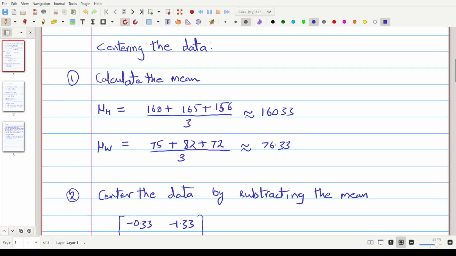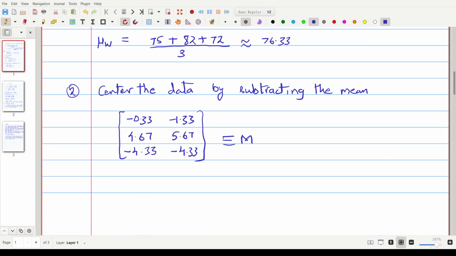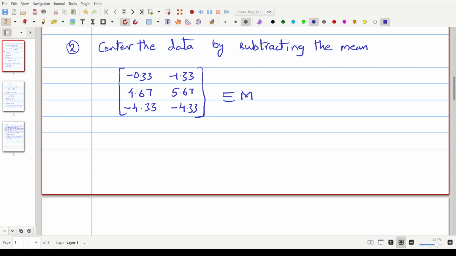Firstly we do centering of the data, by calculating the mean for each feature, that is each column, and subtracting it from the respective columns, to get the following matrix M that is being shown.